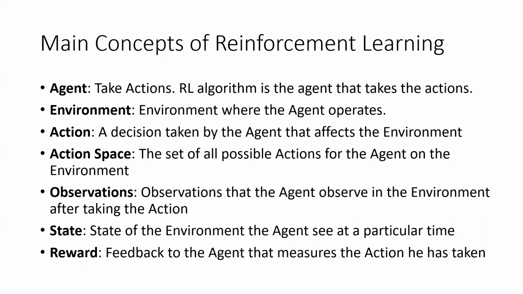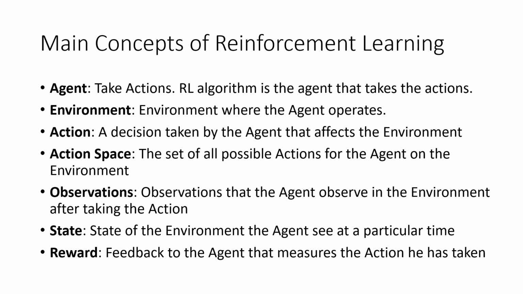So in the given environment, the agent can see what state he is in at the moment. For that particular environment, there is a set of actions that he can take for a particular state, obviously. In a particular state, all the actions that he can take are known as the action space, right?